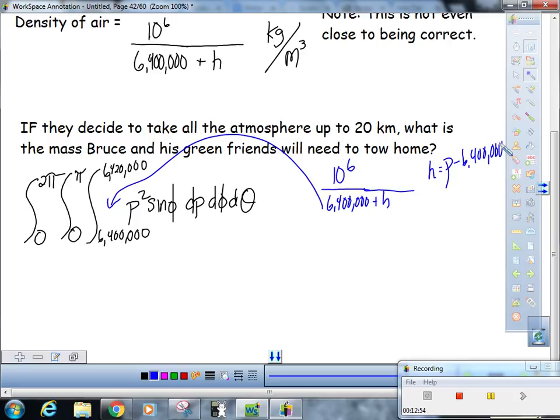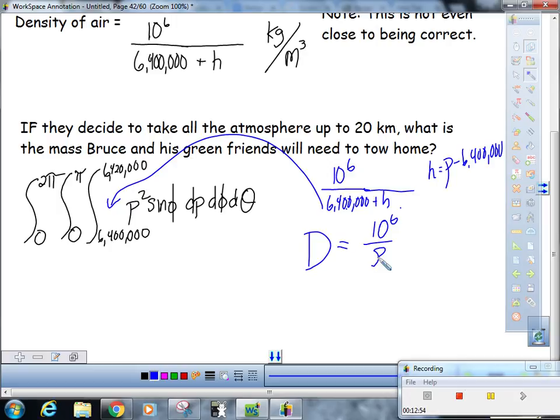So if we substitute that in, these are going to conveniently just cancel. And you end up getting that our density function, which I can't call rho anymore, so I'm just going to call it good old-fashioned capital D, ends up being 10 to the 6 over rho. That's it. You guys get that? Okay?